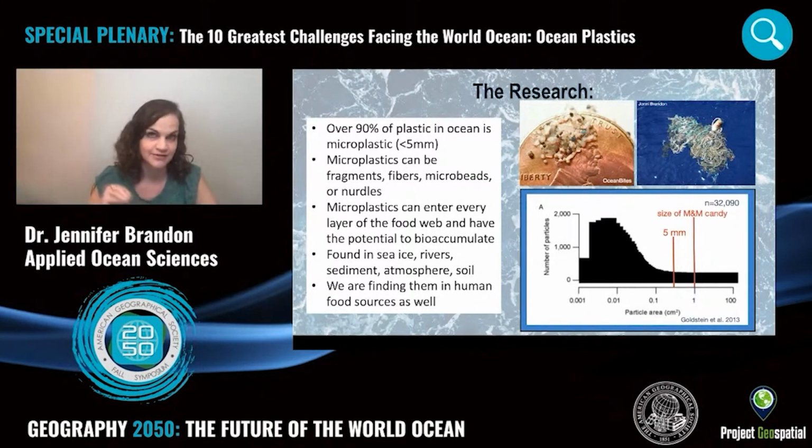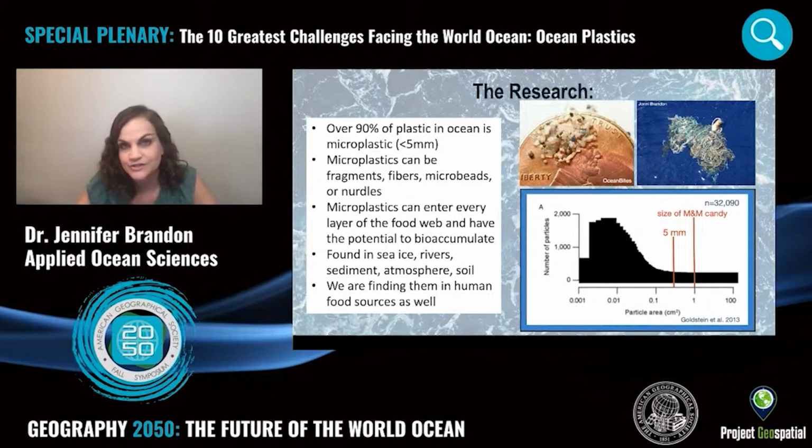So they're small enough that they can actually enter into the muscle tissue of animals and then be eaten and bioaccumulate up that way. We've started to find them in pretty much every environment we look for them in. So we're finding them in sea ice, we're finding them in rivers, we're finding them in oceanic sediment. We've begun to find them traveling around in the atmosphere because they're so small and buoyant. And we've even begun to find them in inland soil.